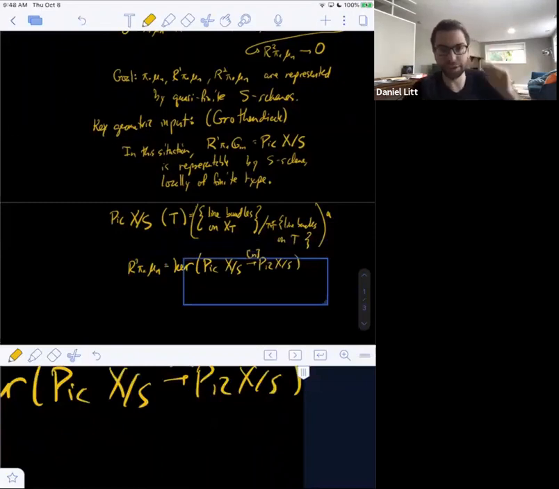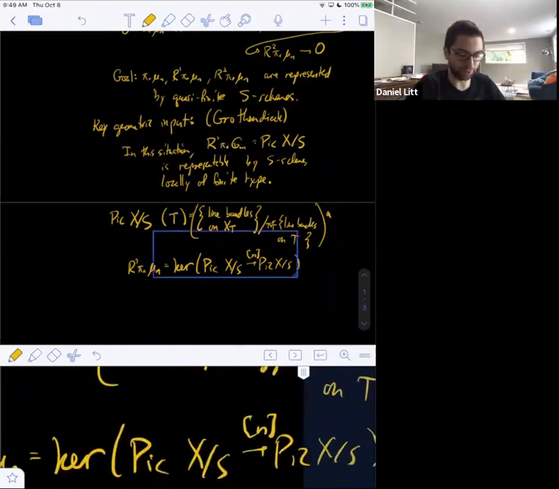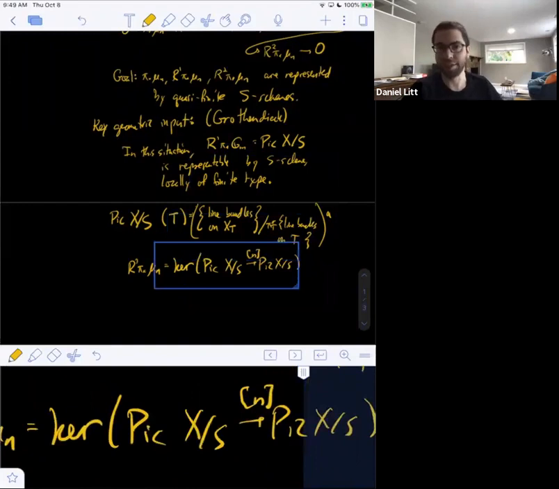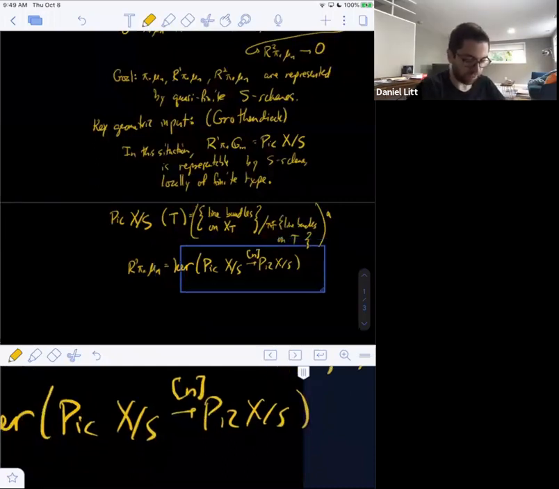It's not enough that this is a locally finite type scheme. For example, you could have an infinite direct sum of copies of Z mod 2, like the constant scheme Z mod 2, and then this kernel would not be quasi-finite. This is complicated by the fact that the Picard functor doesn't commute with base change in general.